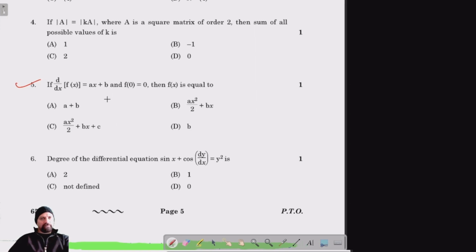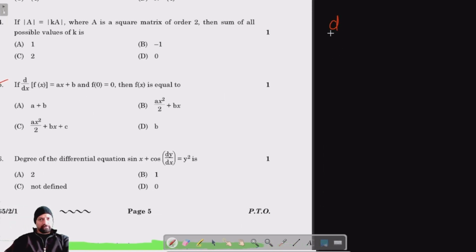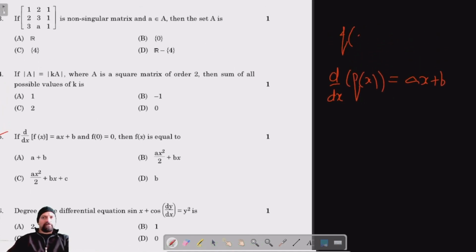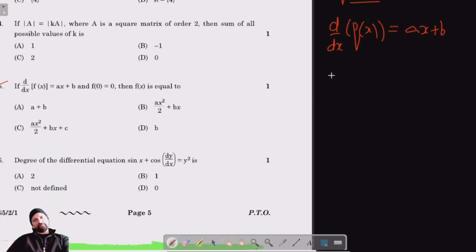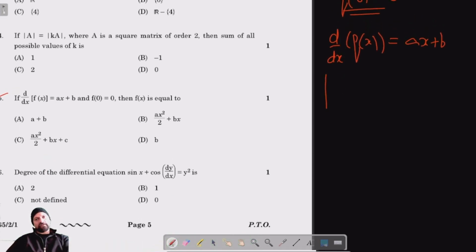For question number 5, it's given that the differentiation of some function is equal to ax plus b. And also it's given that the value of the function at 0 is equal to 0. We have to find the f of x. So let's reverse the process and integrate on both sides.